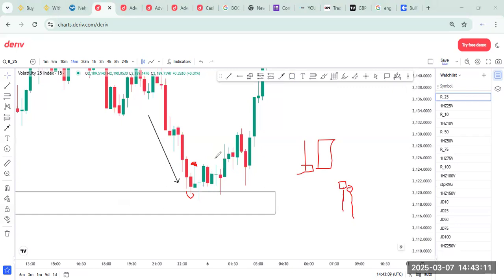So here you are looking for what? A reversal pattern. It can be morning star, which is the three candlestick pattern we just looked at. It can be bullish engulfing. It can be bullish pin bar. Any of these things can be looked for around that zone.